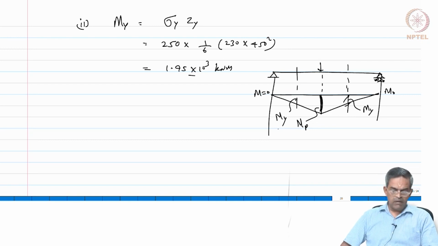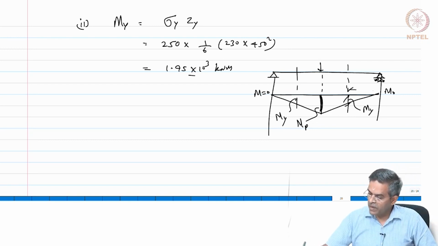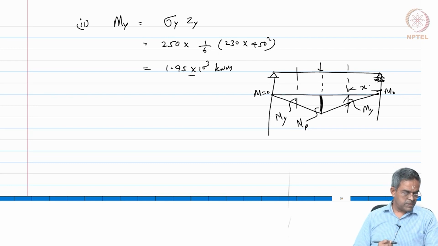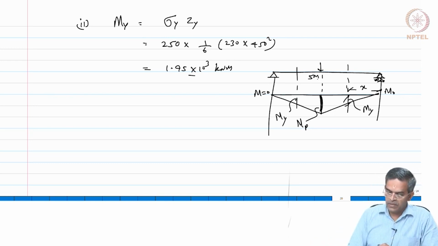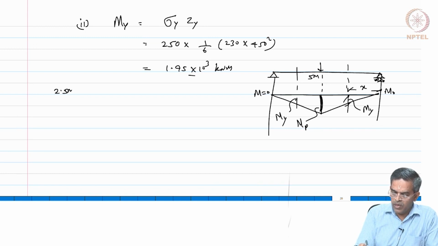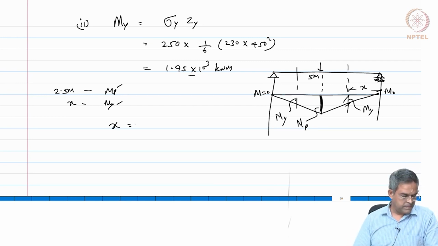Okay. From a similar triangle we can find this. The span of the beam is 5 meters. So, we can say for 2.5 meter this is Mp, therefore, for x it is My. I know Mp and My, I can find x, which will be My by Mp of 2.5.